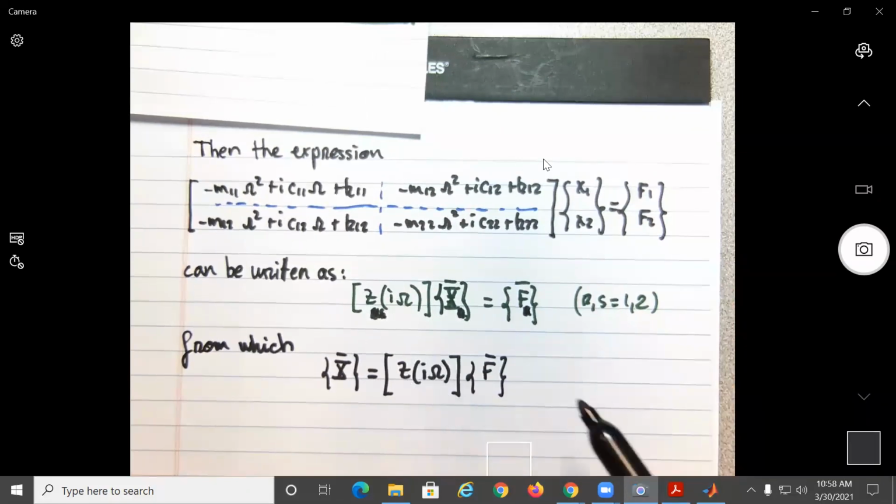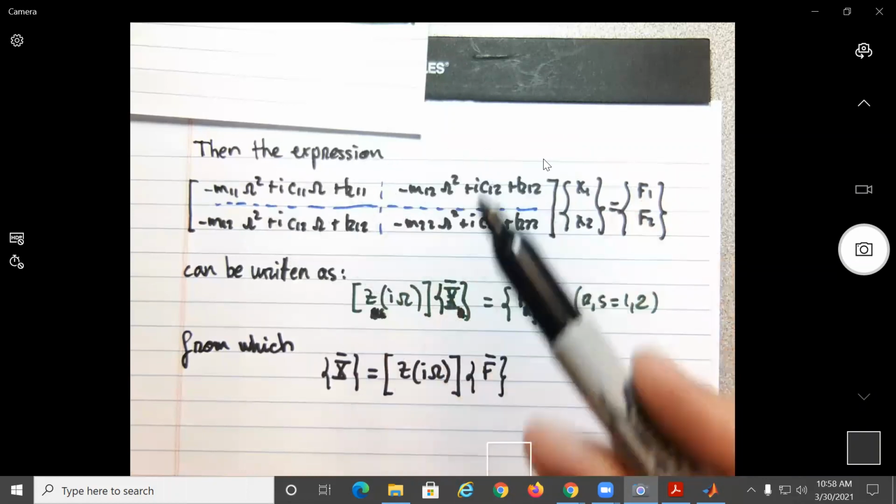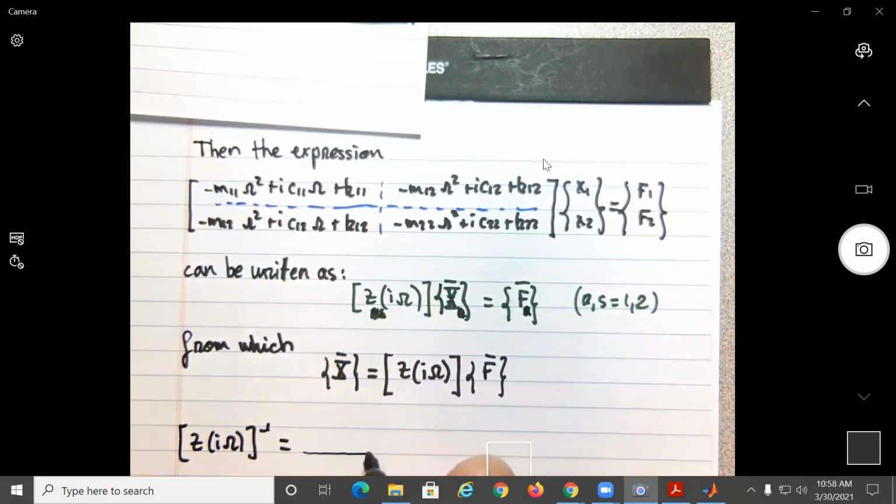Okay, so now Z is this expression for a 2 by 2. You might remember or not remember, what will be the inverse of this matrix over here? For a 2 by 2, it's pretty simple. This is equal to 1 divided by the determinant. So this would be Z11 i omega times Z22 i omega minus Z12 squared i omega, which is the determinant of this matrix.